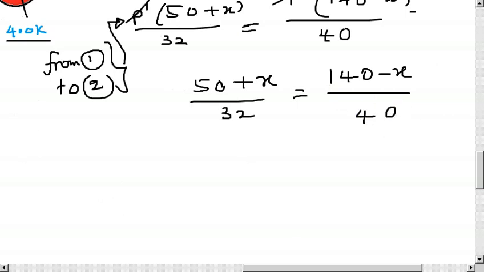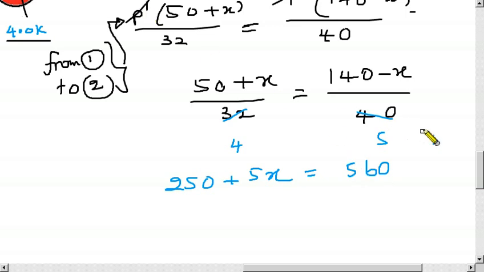Now what you have to do, just simplify now. So 8 times 4, 8 times 5, okay, then cross multiplication. 50 times 5 is 250 plus 5x equals 4 times 140, 560, then minus 4x.